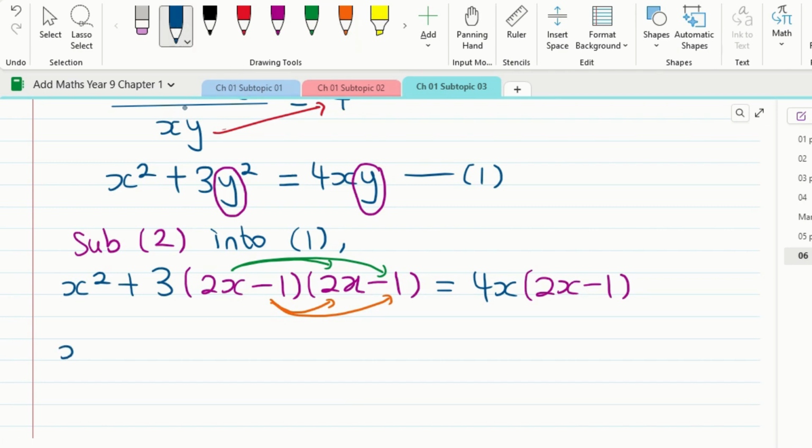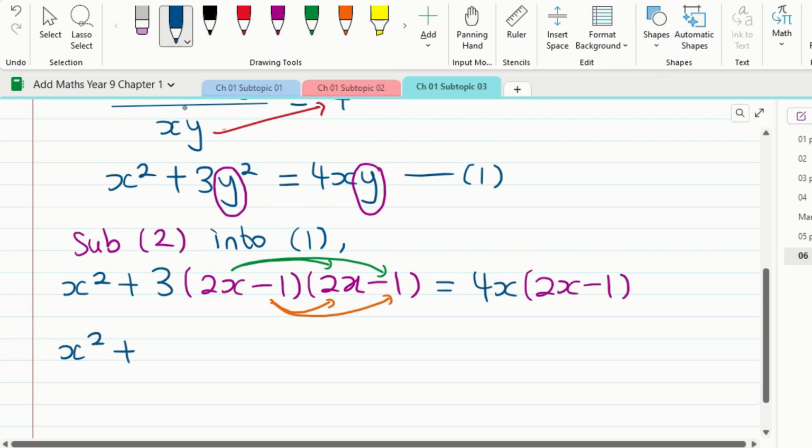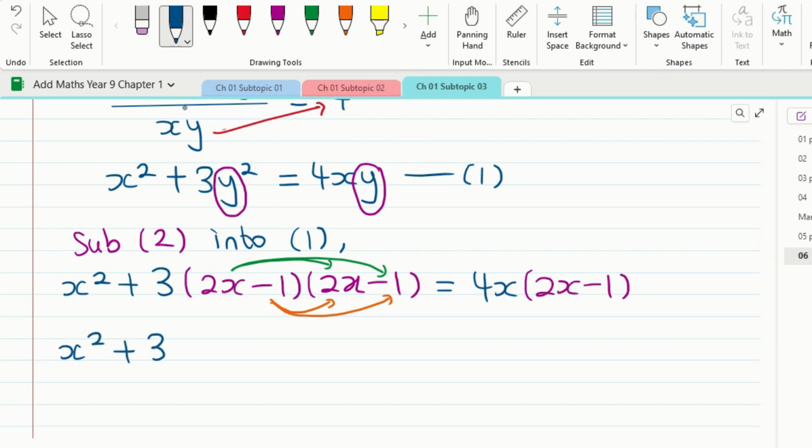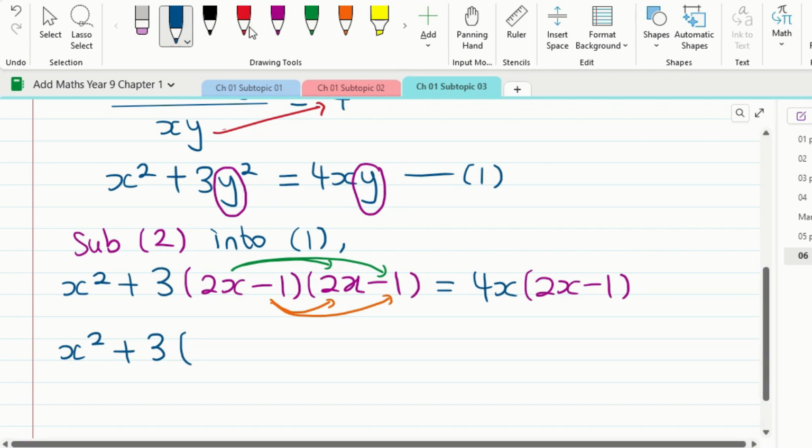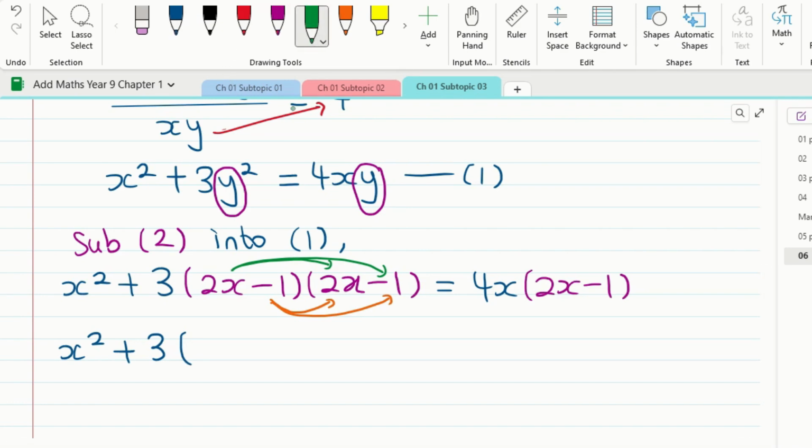So let's have a look at what we will get. So x squared plus 3. Now this one, just write down as per usual. 2x times 2x is 4x squared, and then 2x times -1 is minus 2x. And the next terms are -1 times 2x is minus 2x, and -1 times -1 is a plus 1.